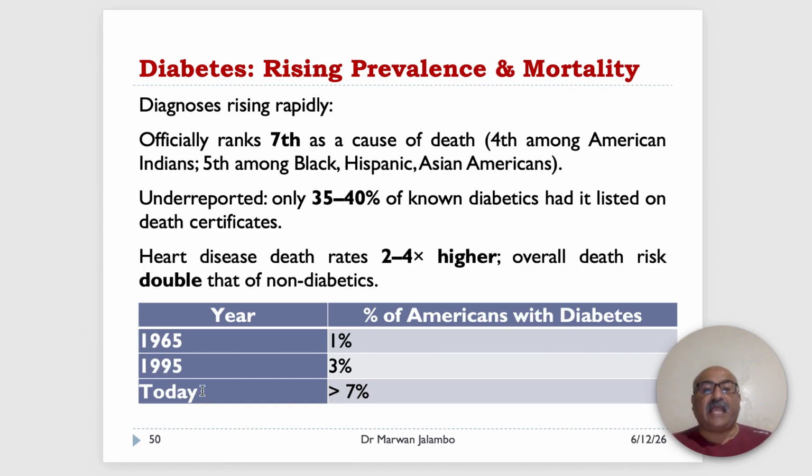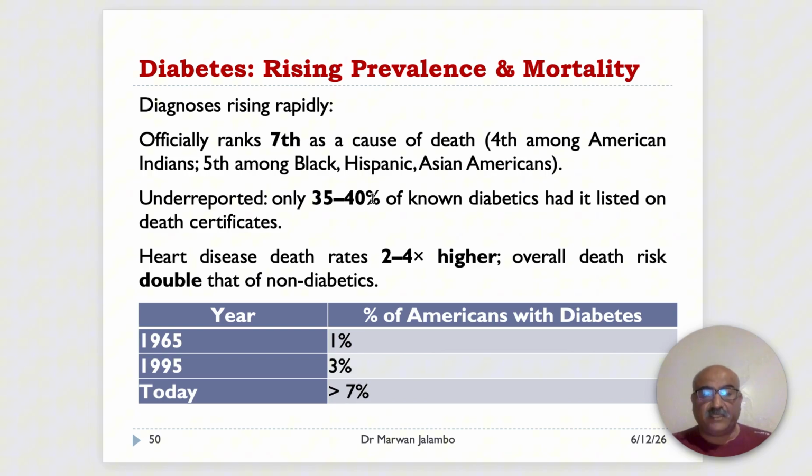Officially, it ranks seventh as a cause of death, but it's likely much deadlier than that. Only 35 to 40% of diabetics had it listed on their death certificates. Many heart disease deaths are really diabetes-linked.